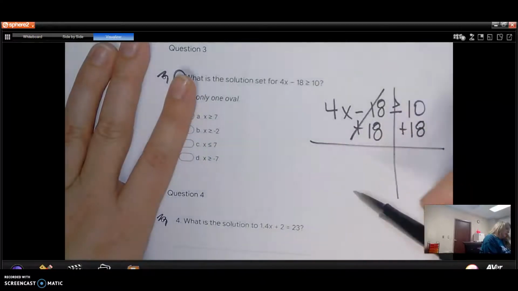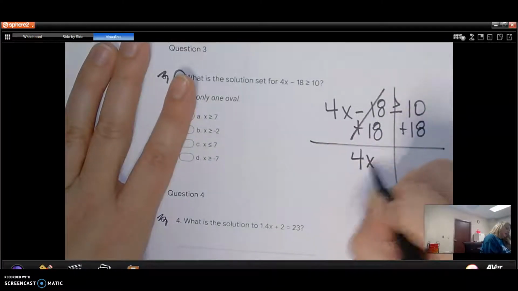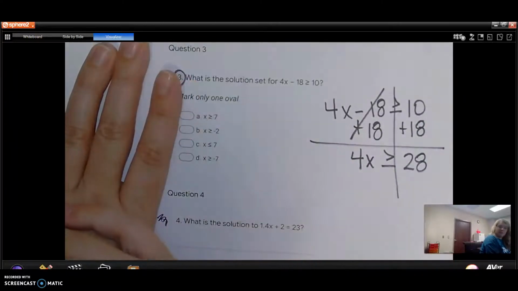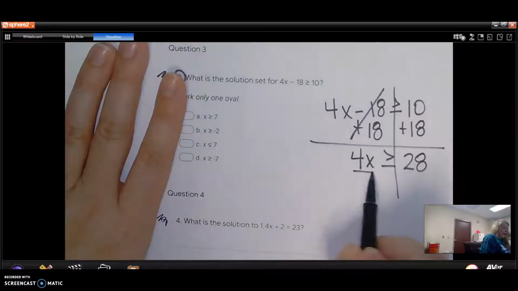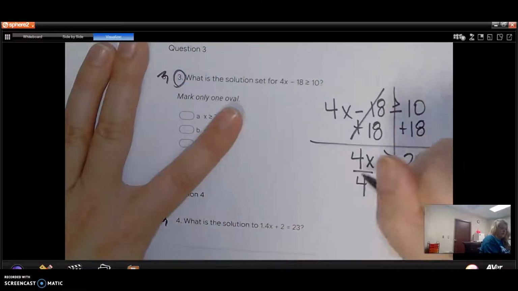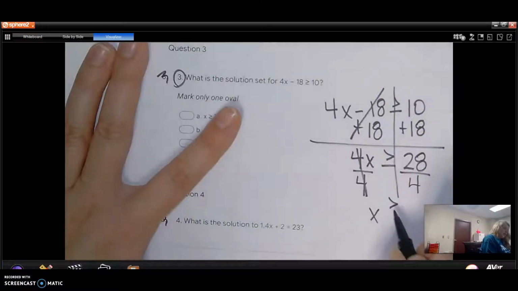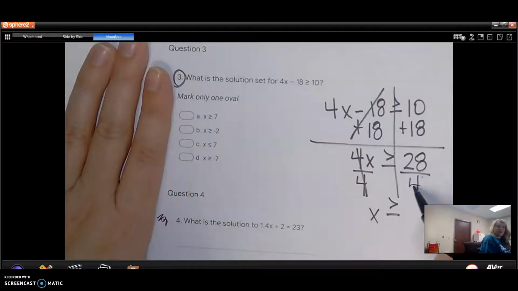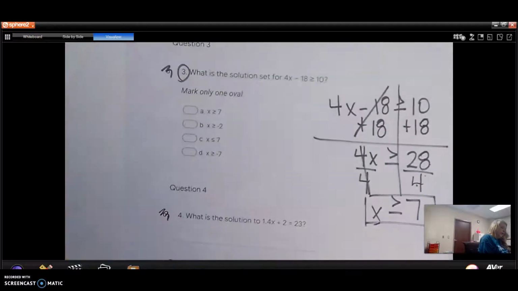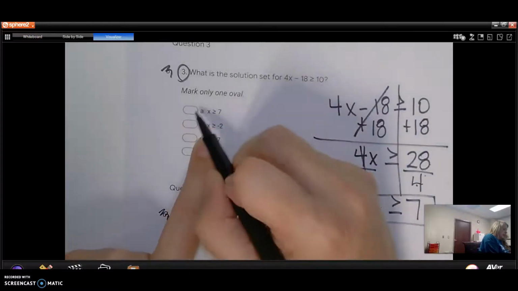This is a 0 pair, so now I will have 4x is greater than or equal to 28. Okay, now I have multiplication, so I'm going to undo that with division. X is greater than or equal to 28 divided by 4, which is 7. X is greater than or equal to 7, which is A.